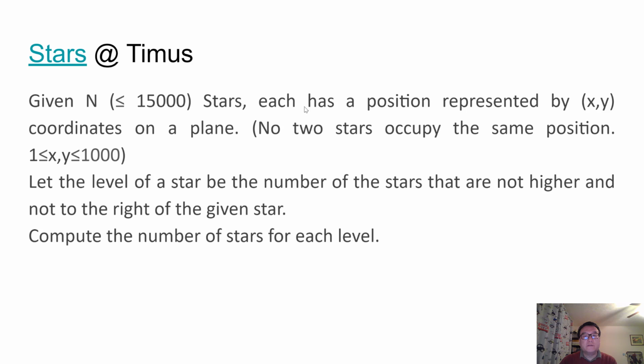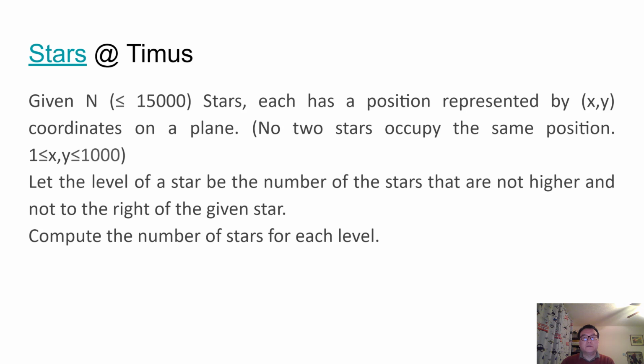We are given n stars, each with a position represented by x, y on a plane, and the level of a star is the number of stars that are not higher and not to the right of a given star. So basically, the same x coordinate and to the left, and the same y coordinate or down.